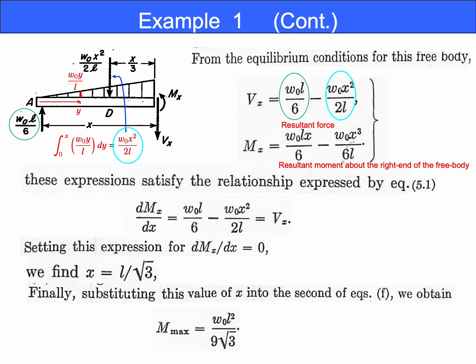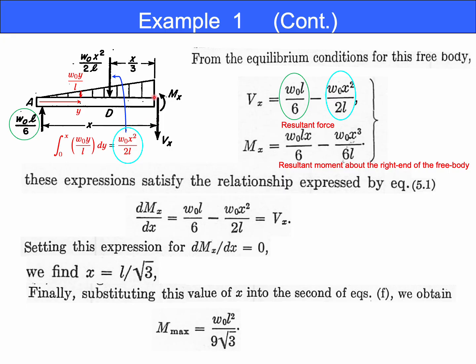Now that we have obtained the reaction force at the left end A, we can consider a free body, that is the left part of x as shown here. This is point A, and this is an arbitrary cross section located at x equals x. Because the length of this free body is x, the distributed load can be replaced with the concentrated load as in the previous case.